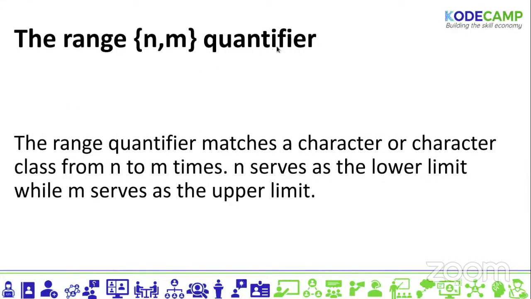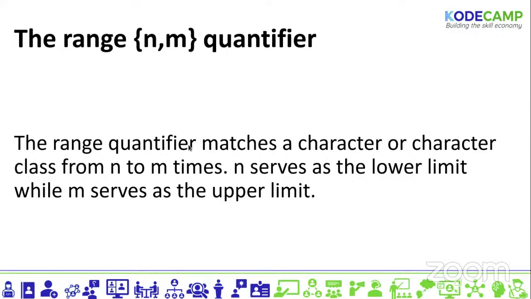Then we have range quantifiers. A range quantifier matches a character or character class from n to m. n serves as your lower limit or lower boundary, while m serves as your upper limit or upper boundary.